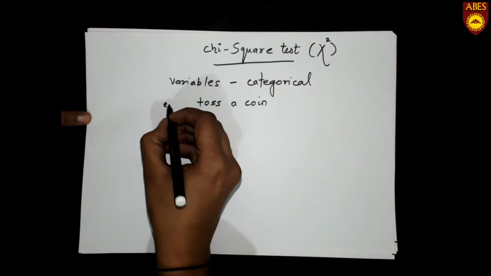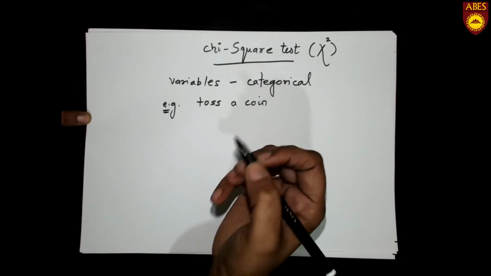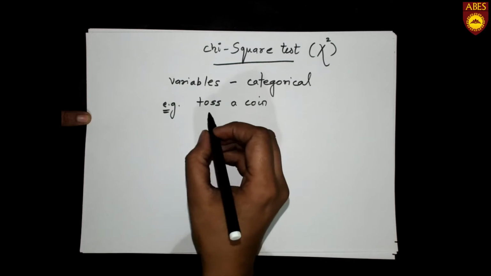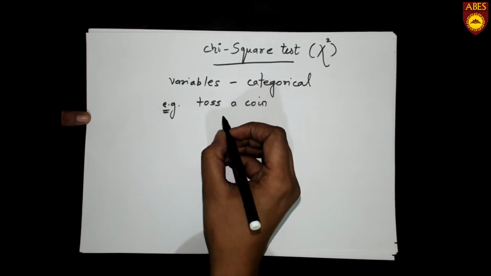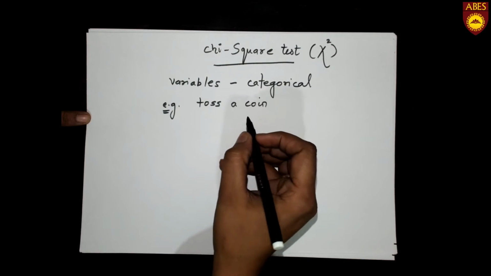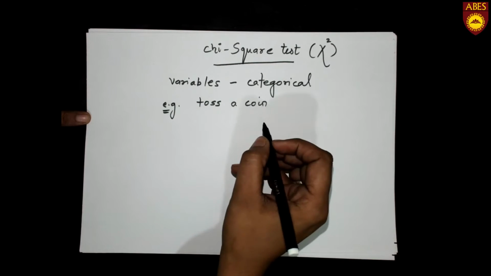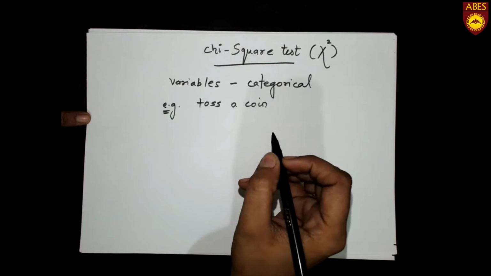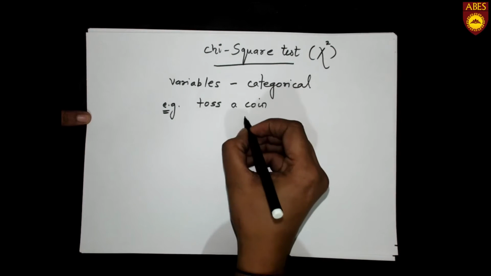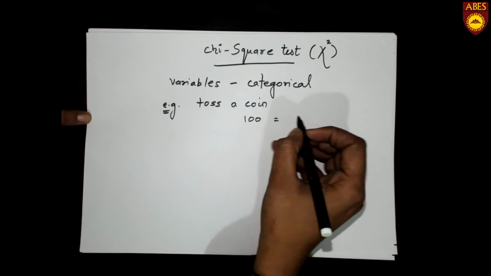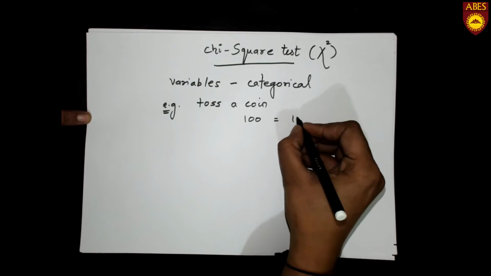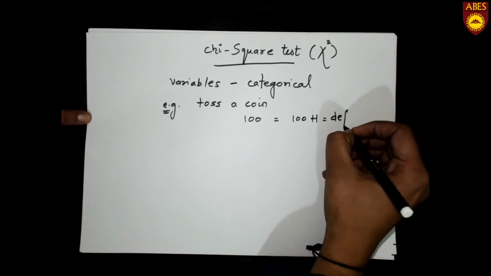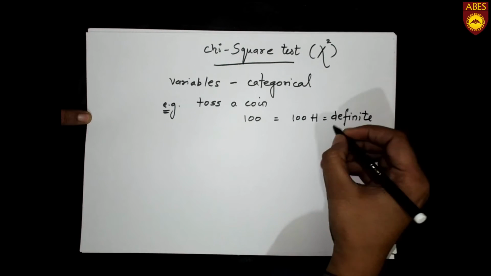If I have a head on both sides, then the user is very well definite about the outcome. If I'm tossing it 100 times, that means I'm having 100 heads, and I'm very much sure about my definite outcome.